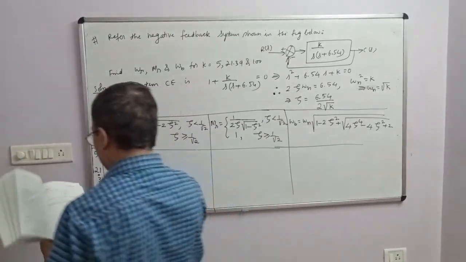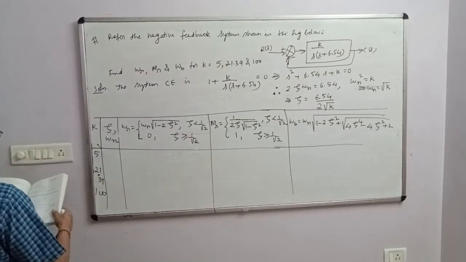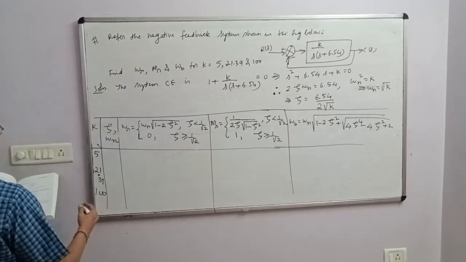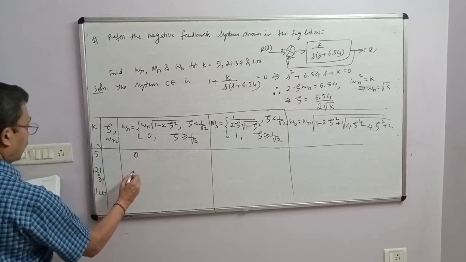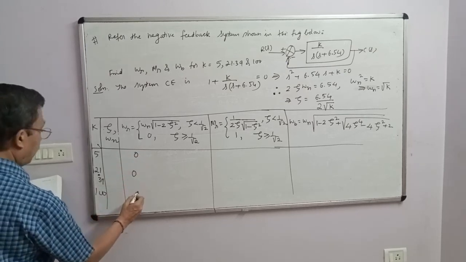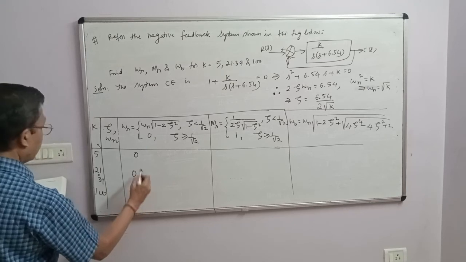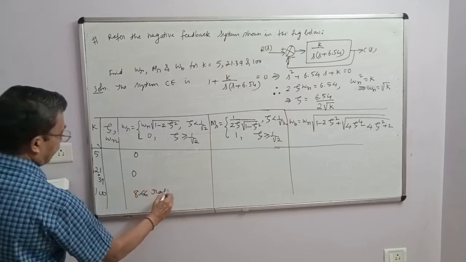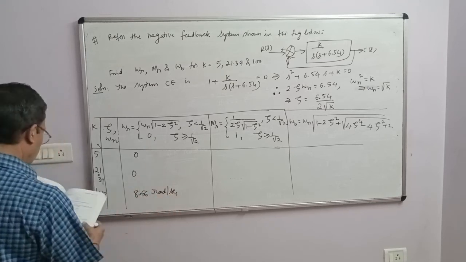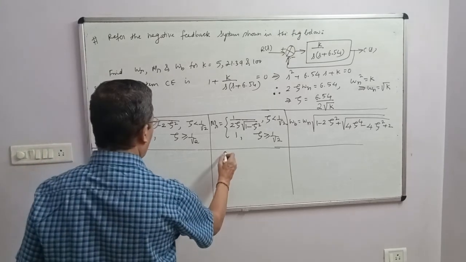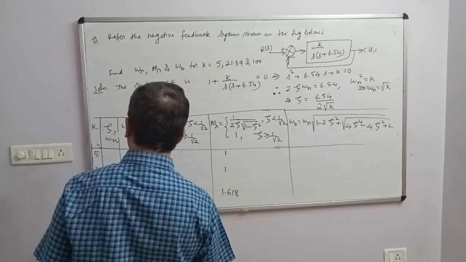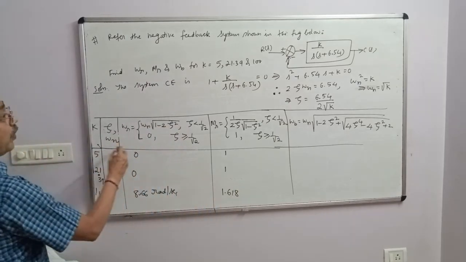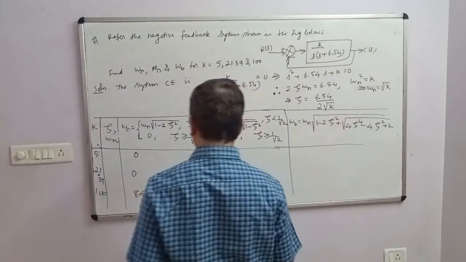So for 5, I'll write omega r. Omega r is 0, 0 and 8.66 radians per second. Mr is equal to 1.618. Zeta and omega n you find using these two expressions.